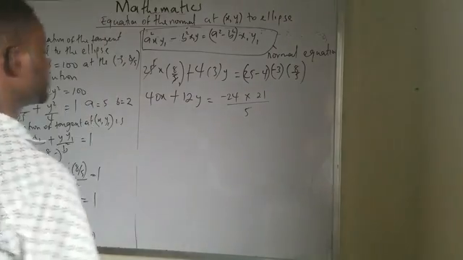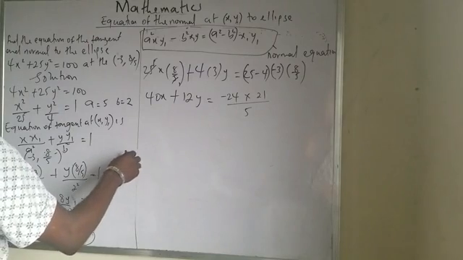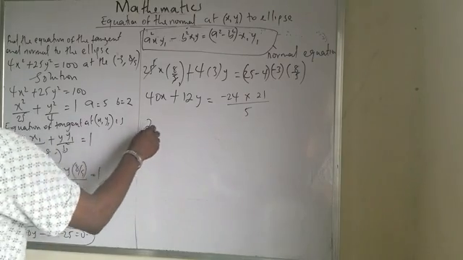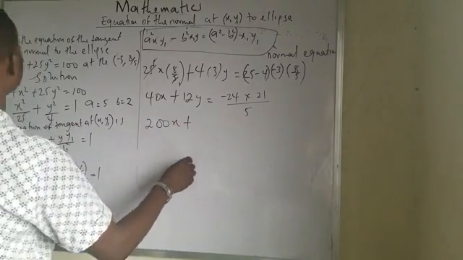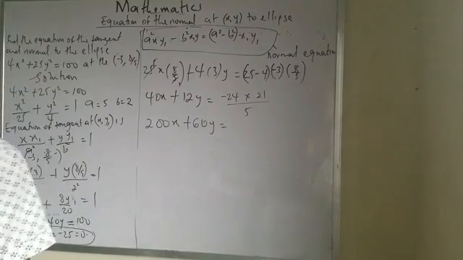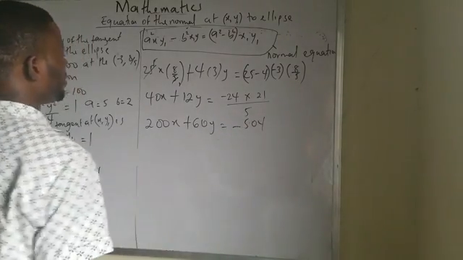Nothing can divide. I think I can multiply everything by 5. 40 times 5, that'll be 200. Times that will be 60 equals, which is going to be minus 504.